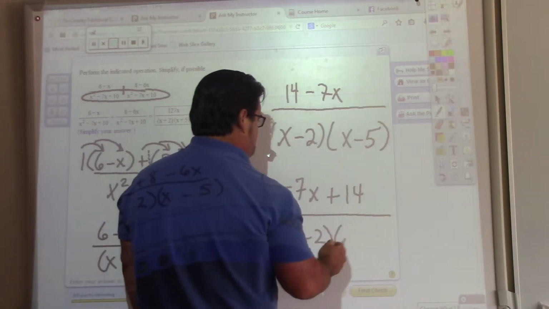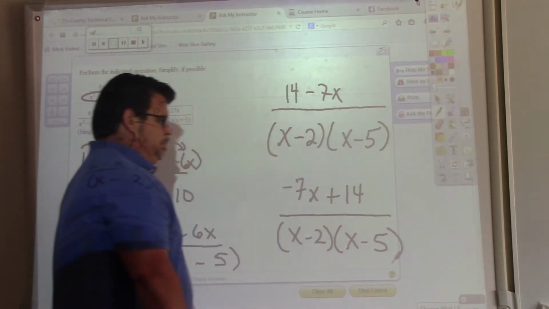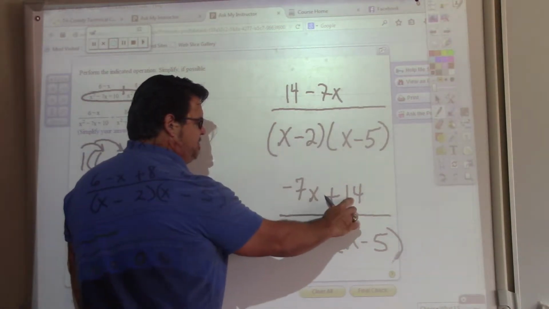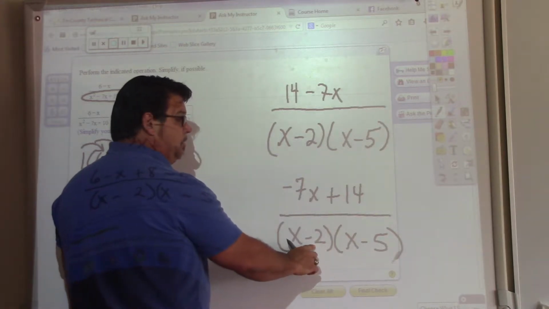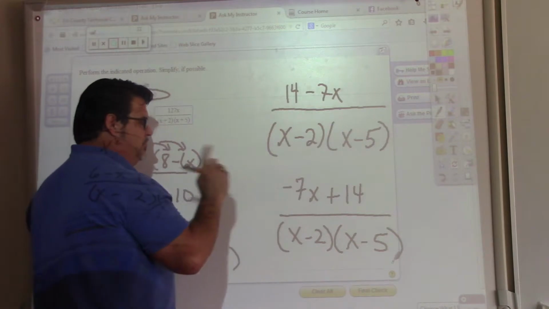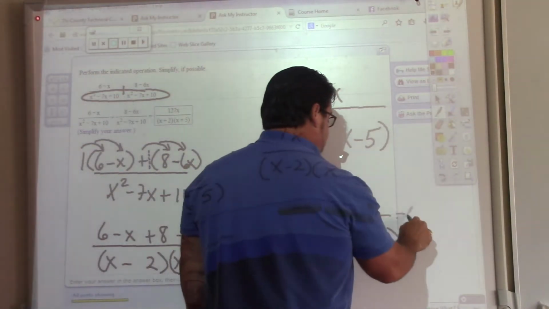And I got one question for you. It looks like we can factor out, but that'll give us a positive 2 here, right? Or negative 2. Hey, that'll work. But we got to factor out what? A negative 7. Don't factor out a 7 because you won't get the same thing.